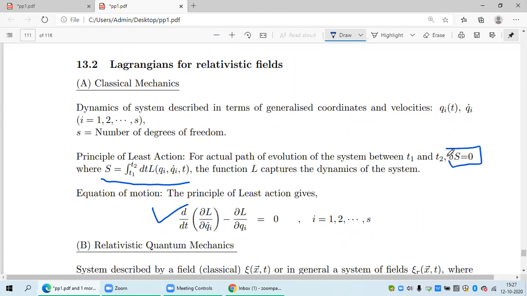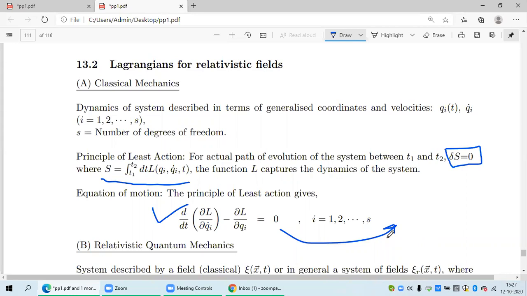So if you know the form of the Lagrangian and put it here, then you get the equation of motion. Like if you know the Lagrangian for a particle moving in a central force field, you put this Lagrangian here, and this equation will give you the equation of motion for that particle in a central force field.